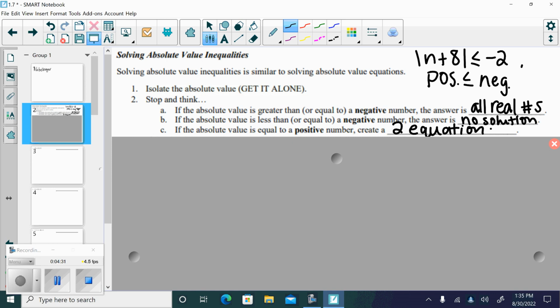Not necessarily equal, but as long as the absolute value has an inequality sign and to the right of that sign is a positive number, you're going to create... Oh, I'm sorry, not two equations. I see it now. I messed up. My bad. Erase. That's my fault. I was looking at a different part of my notes. Okay. If the absolute value is less than a positive, you're going to create a compound inequality. So what we talked about last week.